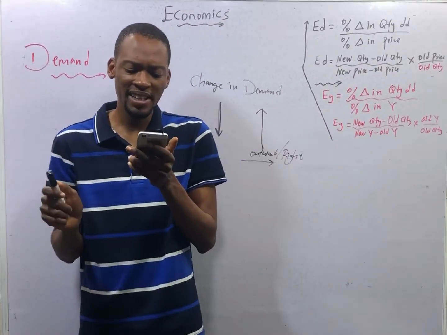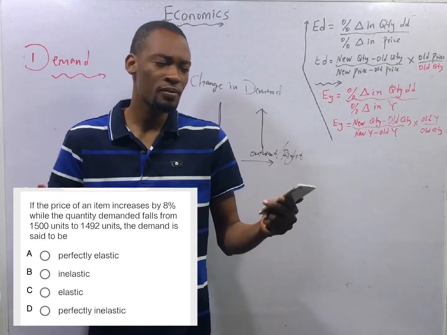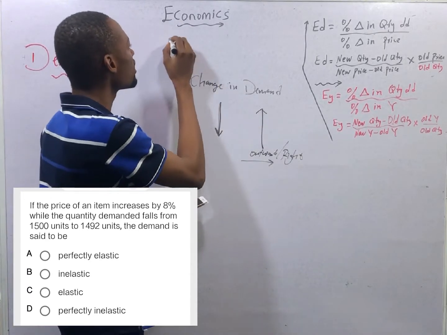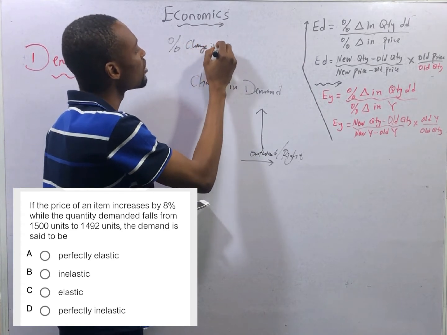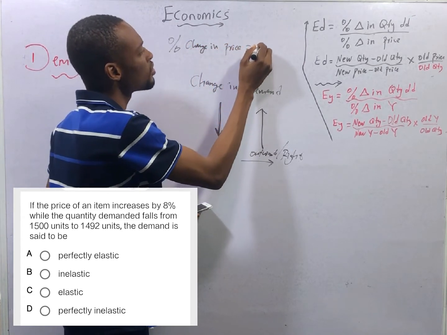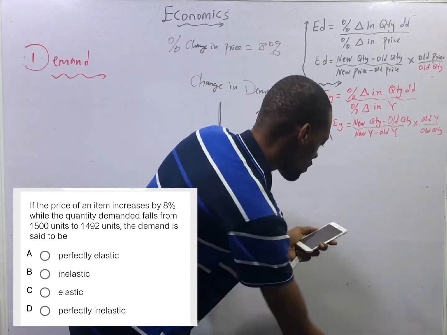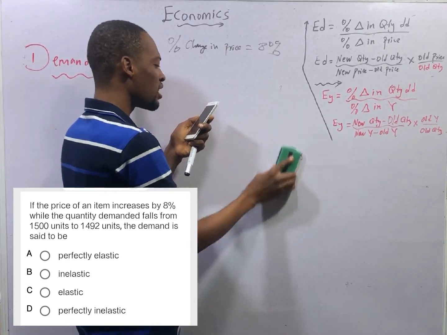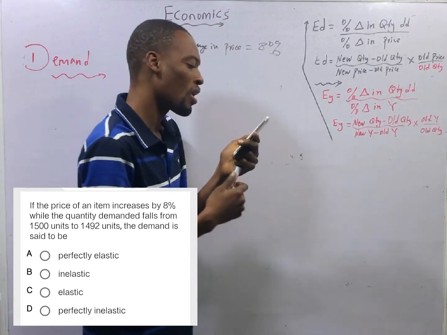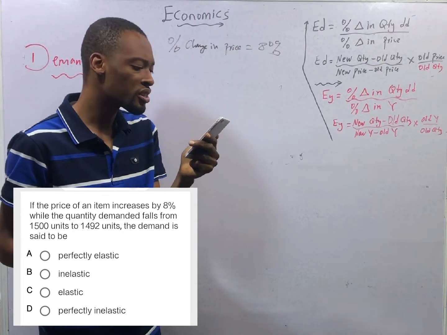If the price of an item increases by 8%, it means percentage change in price is equals 8%, while the quantity demanded falls from 1,500 to 1,492 units.